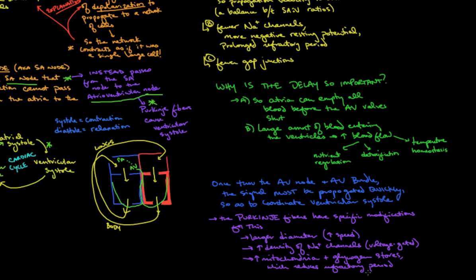So again, the glycogen would be broken down into glucose or some form of carbohydrate or energy molecule that will be transferred in the mitochondria into ATP molecules, which will then power the sodium-potassium pumps to restore the resting potential of the cells.